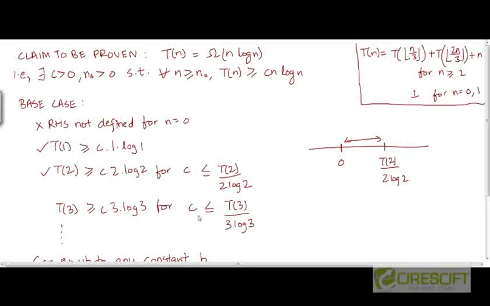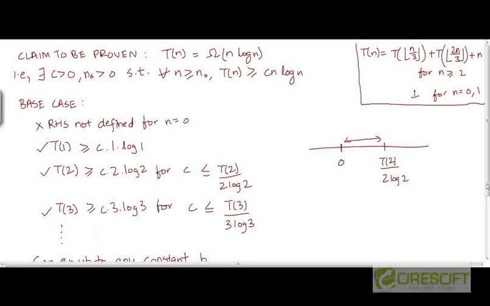And if we choose a value of c that's less than or equal to this constant, then this claim will hold for n equal to 3. Now if we choose a value of c that's less than or equal to both these constants, then this claim will hold for both n equal to 2 and n equal to 3.